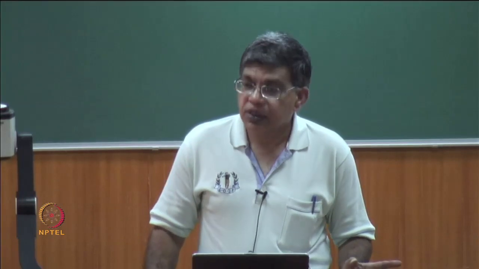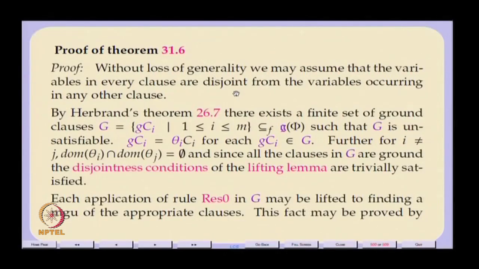We are going to use Herbrand's theorem, and essentially what we are saying is that first of all we can standardize the variables apart. By Herbrand's theorem, phi might be a finite or infinite set, I do not care, whatever it is, the ground instances of all those clauses is going to be infinite sets, right.